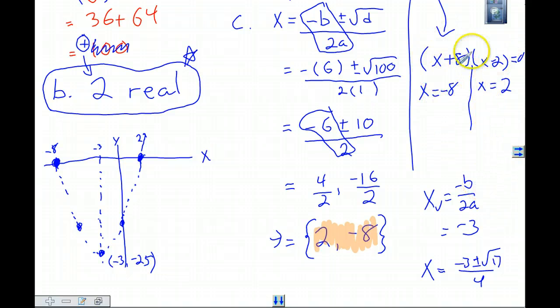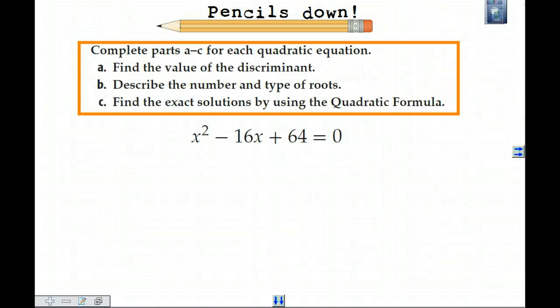So factoring is quick, but only when it works, and it only works maybe 20% of the time. That's why we have this other method. This other method is longer, but it always works. All right, so that's the big picture. These are all x-intercepts, except when they're complex, then they're just called complex roots, and there are no x-intercepts.